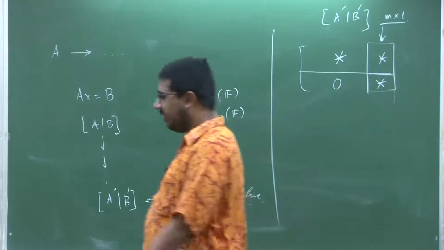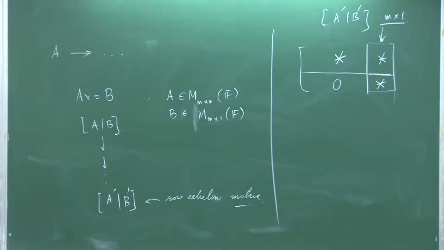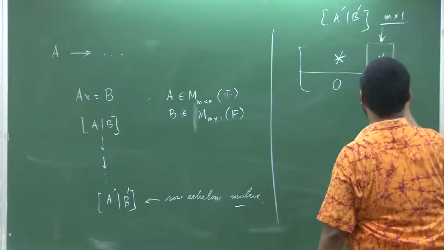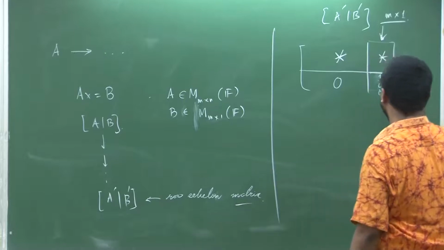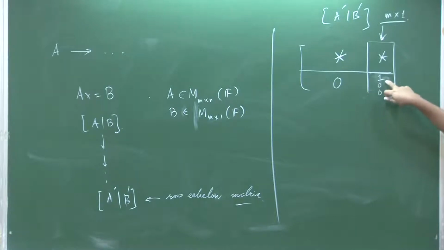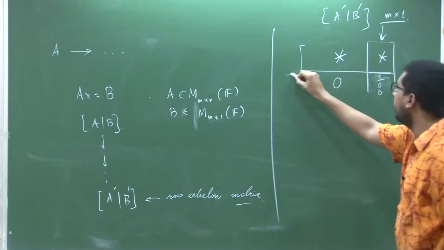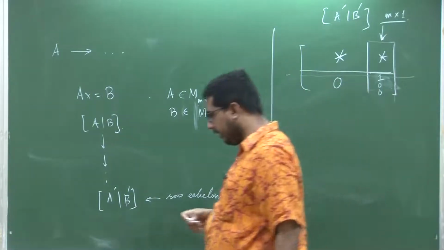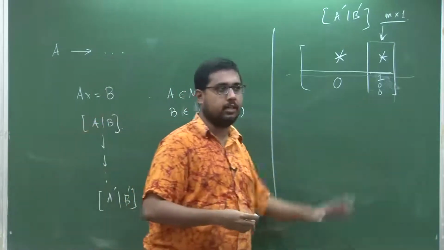So, the question is whether this column can have a pivot. I repeat, whether this column can have a pivot. Suppose this column has a pivot, then it will look like 1 and 0, 0 further, right? Because in the row echelon form, the pivot cannot appear in a row other than this. Now, suppose it contains a pivot.